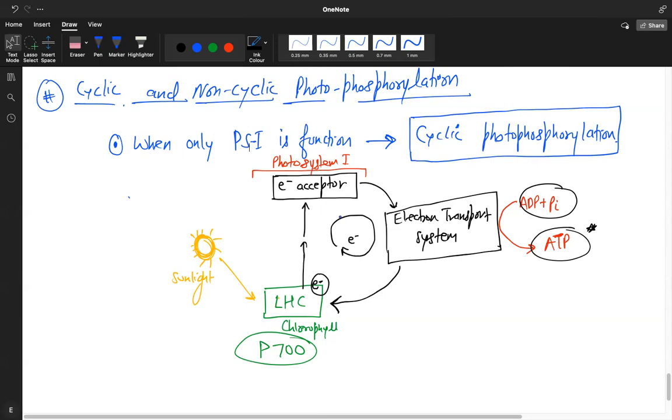But all plants do not have photosystem 2. Okay. And plants which only have photosystem 1 can do better when they do not have a constant supply of water, because they can keep channelizing their electron again and again and keep making ATPs.